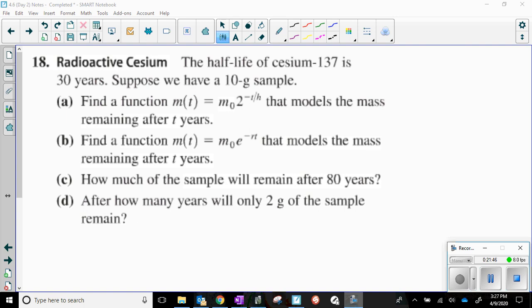Okay, so the first problem is trying to get us to use the base of 2 with the negative power here. So they want us to find a function in this format, then they want to find a function with the e. So we're starting off with 10 grams. That is our m sub 0 in this problem, or in PERT talk, that's P. And the half-life is 30 years.